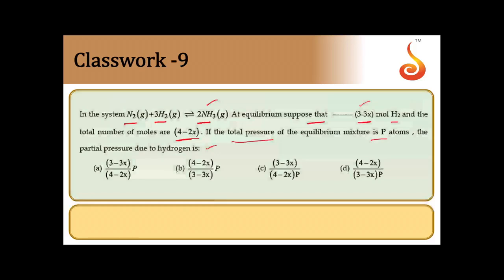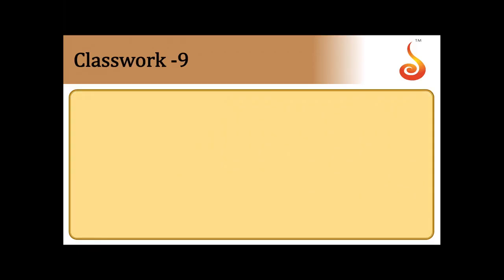The equilibrium pressure is P atmospheres. Then what is the partial pressure? The partial pressure will be equal to mole fraction into total pressure. So the partial pressure of hydrogen will be the mole fraction of hydrogen into total pressure.